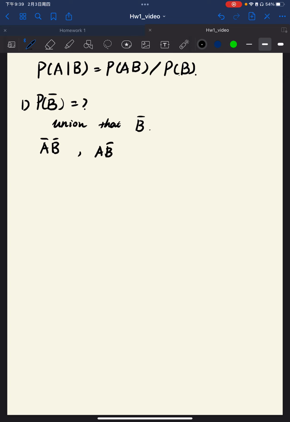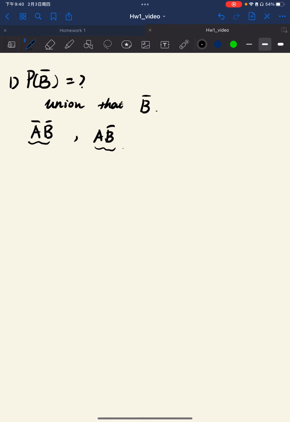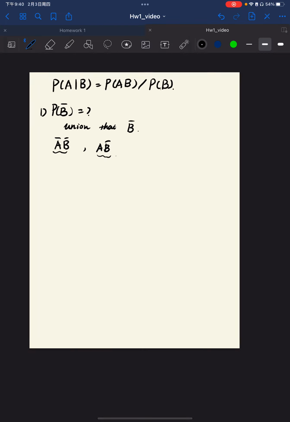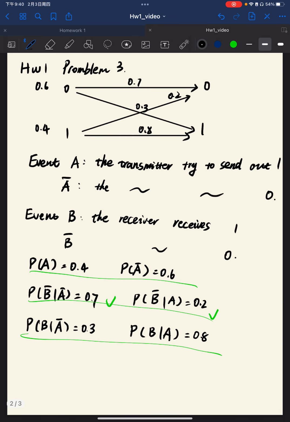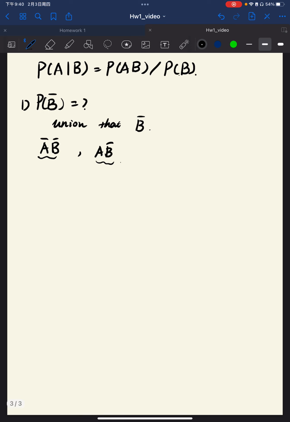This means sending 0 and receiving 0, and sending 1 but receiving 0. So we need to find the probabilities of these two sets, which can be obtained from the conditional probabilities.